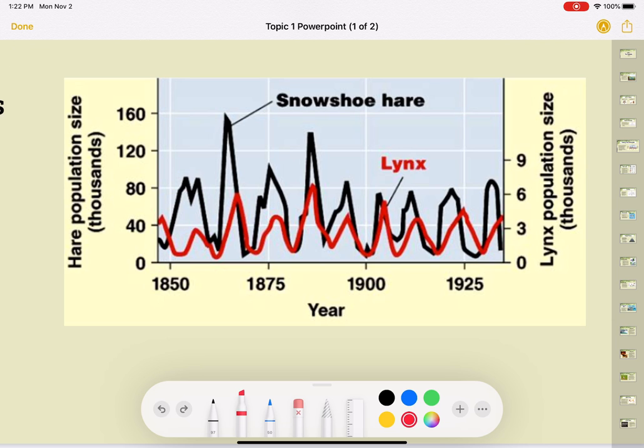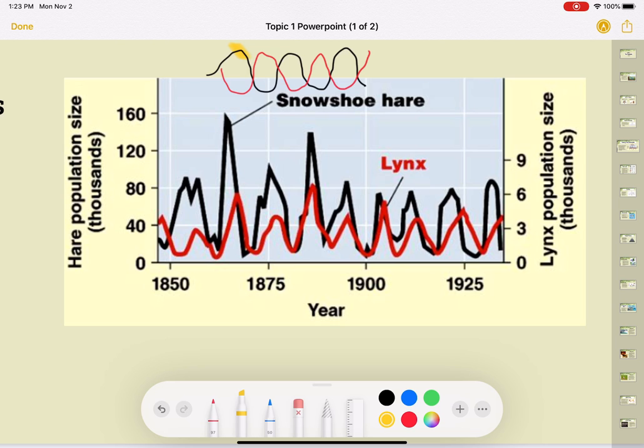So if we were to draw this out, not as specific as this, we would see up, down, up, down, up, down. And then we should see the other species going down, up, down, up, down, up. Because basically as this species has lots of population, that gives more food to the lynx.